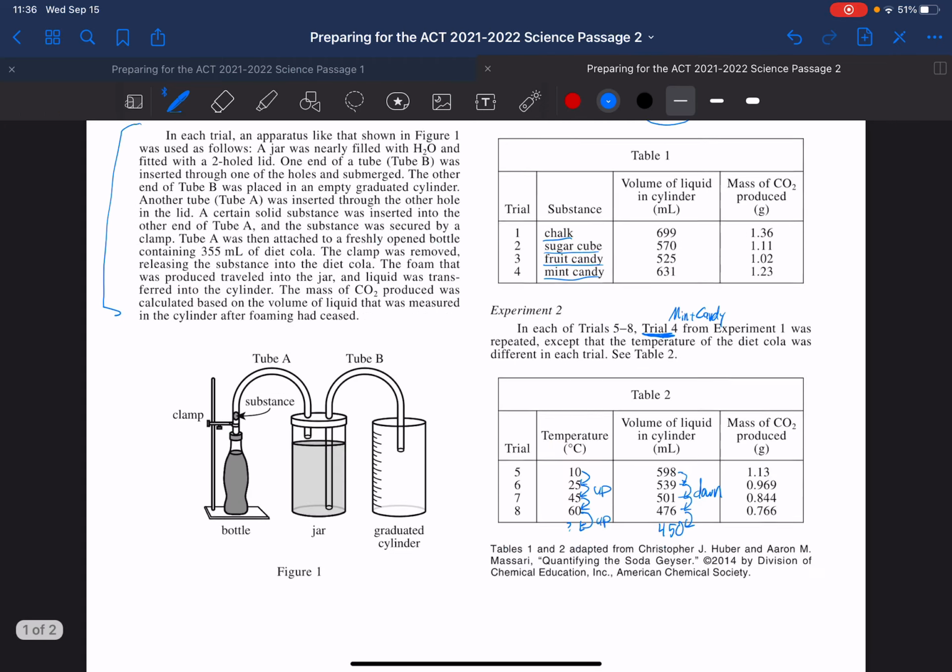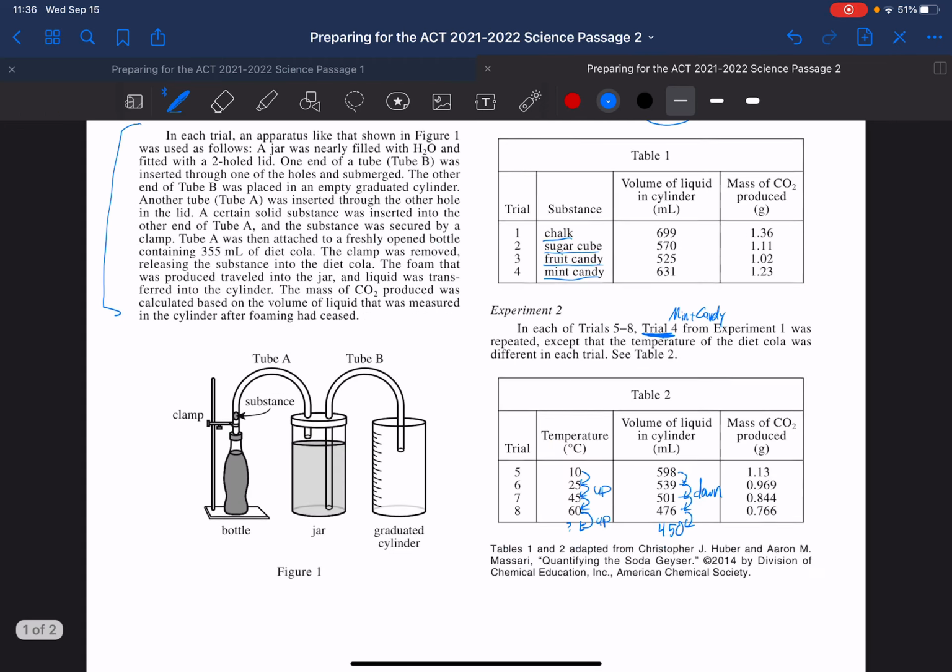So that means letter A is out and letter C is out. So what has to be done first? Do we attach the tube to a bottle of cola, or do we put the solid in the tube first? Well, you have to put the solid into the tube before you attach it to the bottle of cola, because you're not going to shove the solid up and through the tube. It has to already be in the tube. So that's why the answer is letter B.